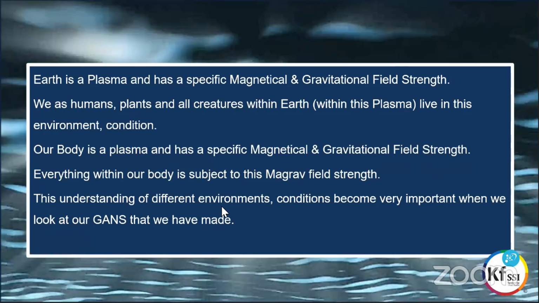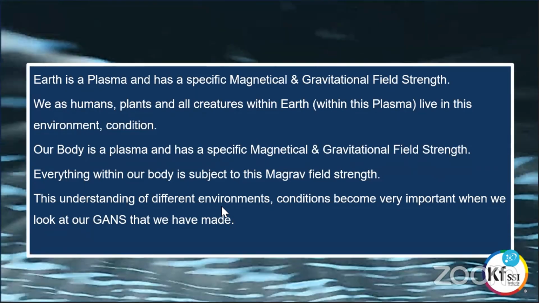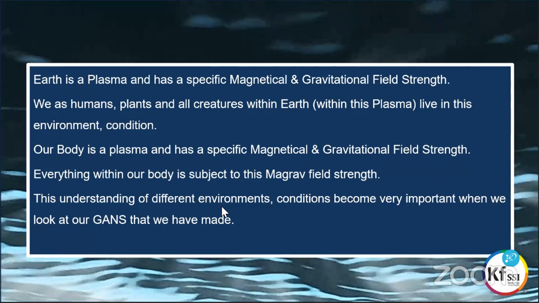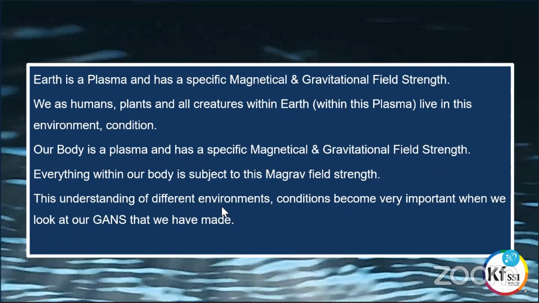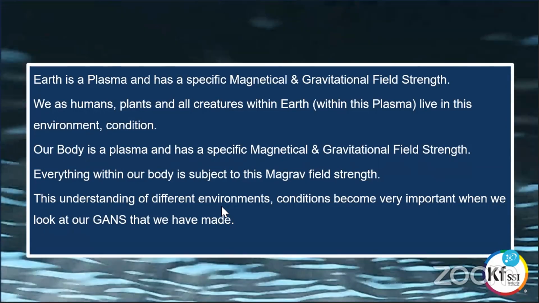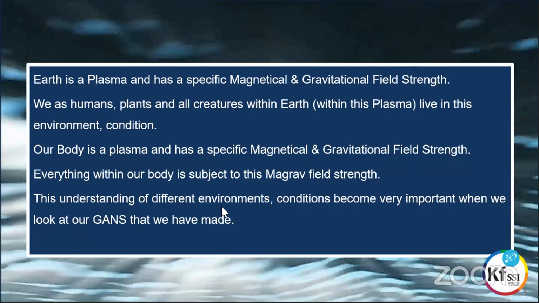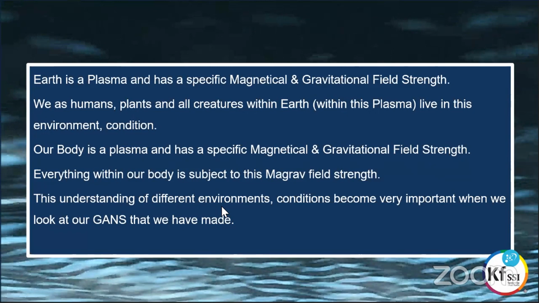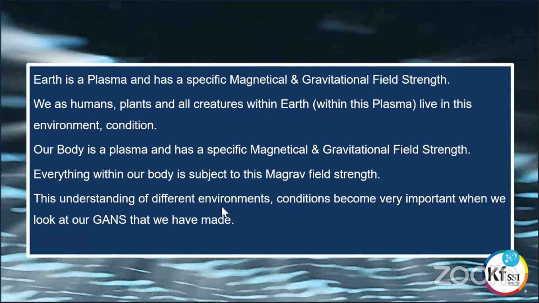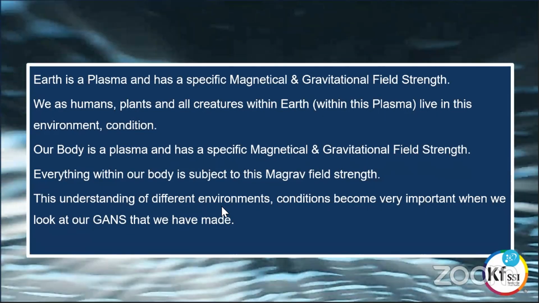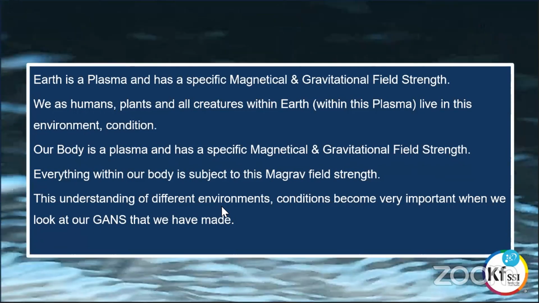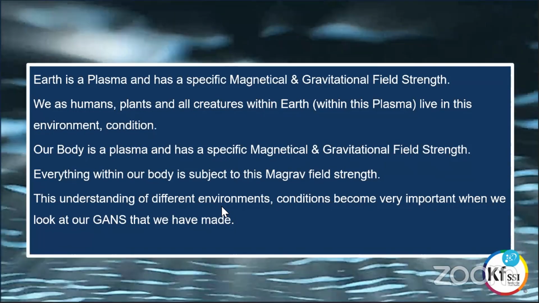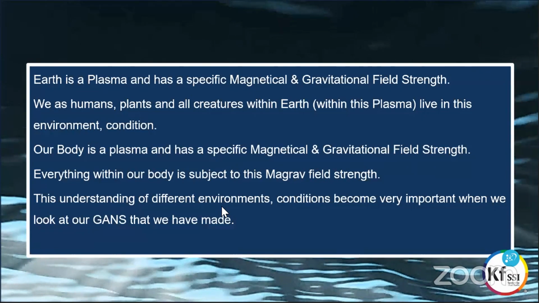We also know that our body is a plasma and has a specific magnetic gravitational field strength, and everything within our body is subject to this magnetic field strength. Our little cells, our little organs, are all operating within our body. So this understanding of different environments and conditions becomes very important when we look at the different gases that we've made and how we actually use them.